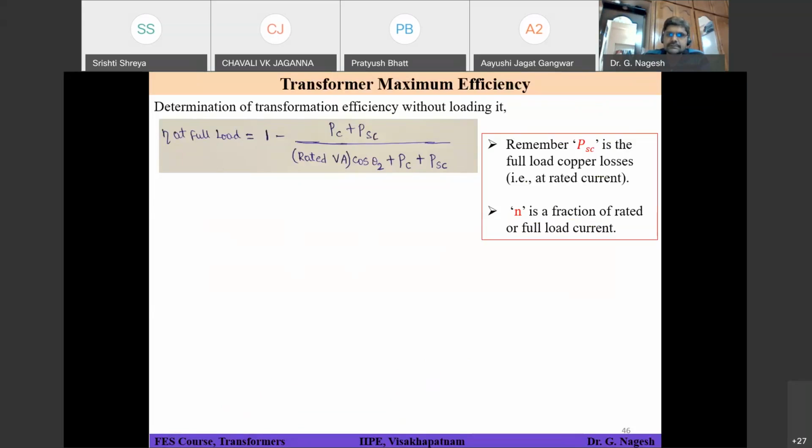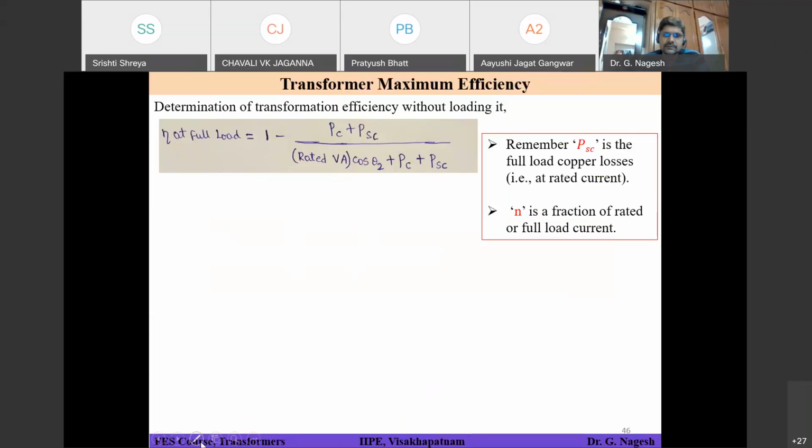So the formula can be written in this format also, which is given as 1 minus the losses occurring at that load. If it's full load, what are the losses at full load, divided by the input. So if you want to calculate efficiency at full load, 1 minus PC.